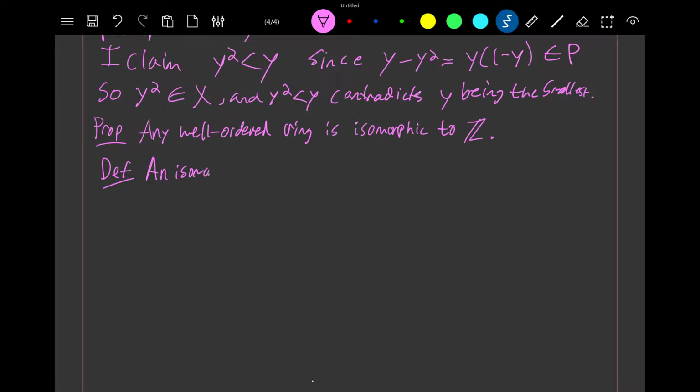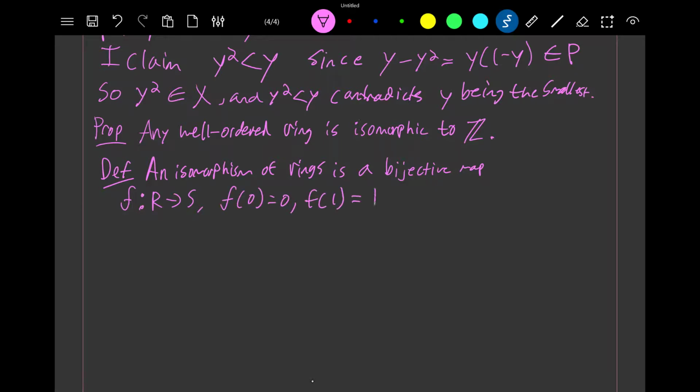An isomorphism of rings is a, let's call it, bijective map, and I'm going to call it f from R to S. So R and S are my rings, where f of 0 is 0, f of 1 is 1, f of a plus b is f of a plus f of b, and f of a times b is f of a times f of b.